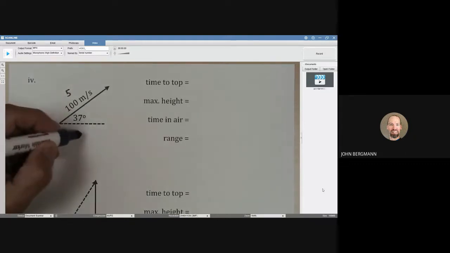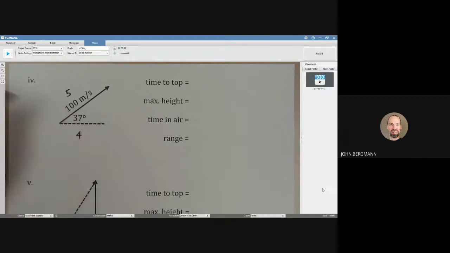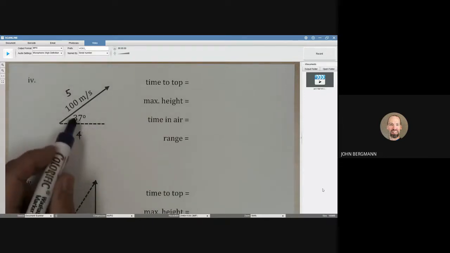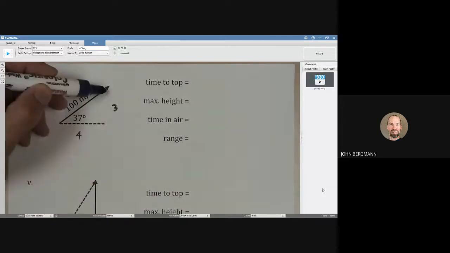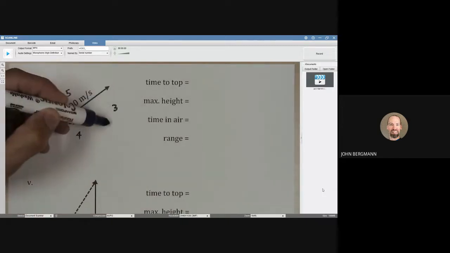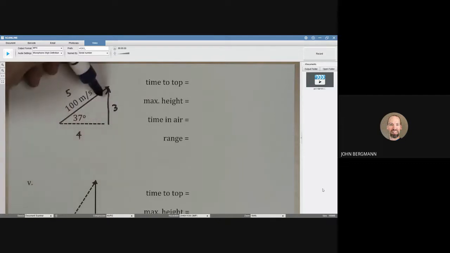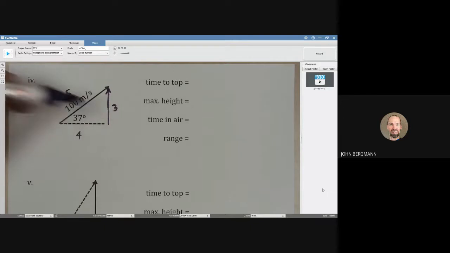Now, the 4 proportion side is adjacent to the 37-degree angle, and the 3 proportion side is adjacent to, up here, that 53-degree angle. What are we going to get then for our initial x and y velocity components?